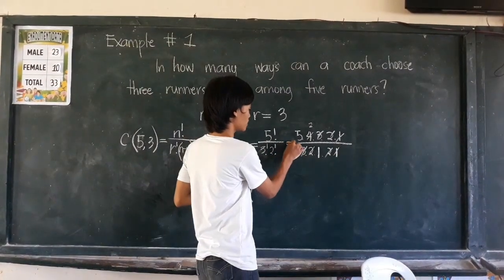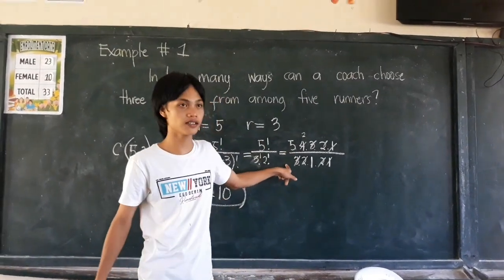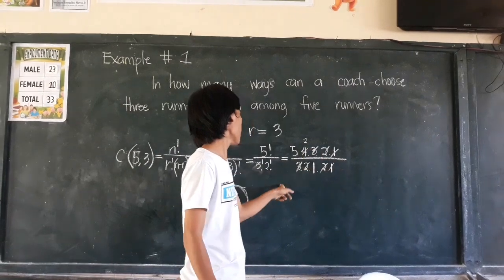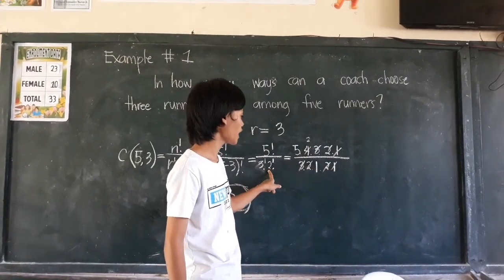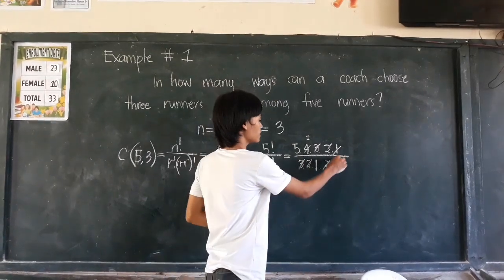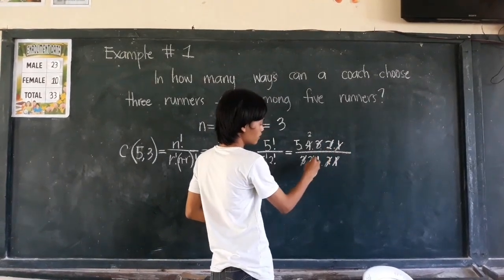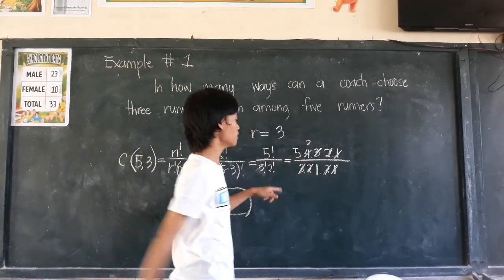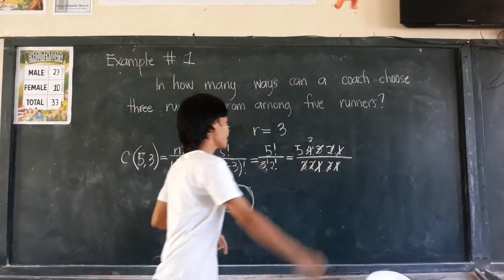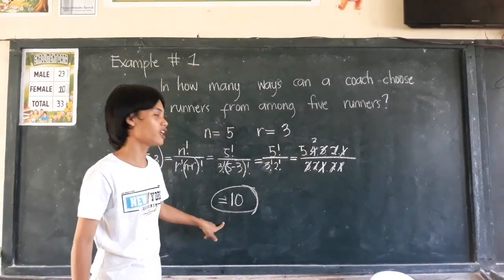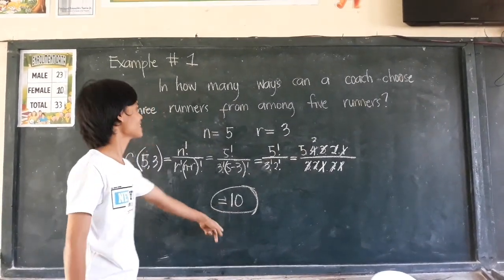So it equals 5 times 4 times 3 times 2 times 1 over 3 times 2 times 1 times 2 times 1. So eliminate the common factors. What remains is 5 times 2, which is equal to 10. There are 10 ways.